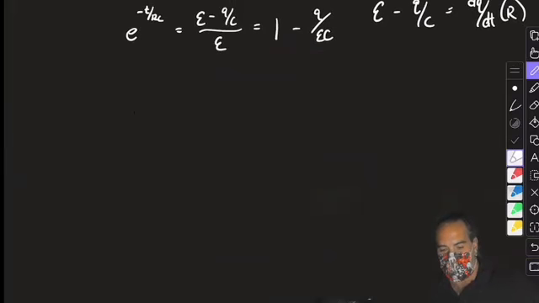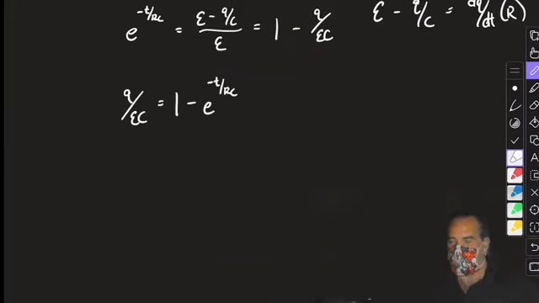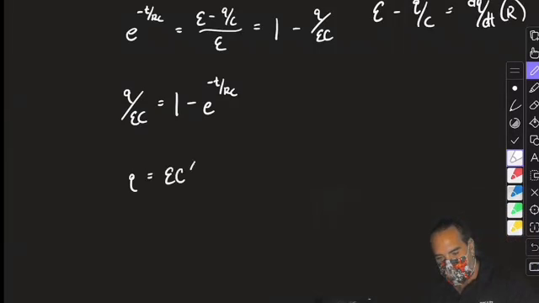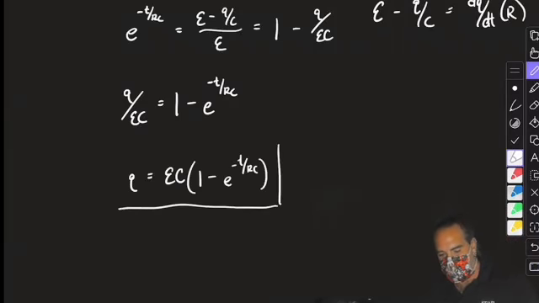I'm going to put q over this on this side, that on the other side. And now I just got to multiply both sides by EMF times C. This is the charging function.